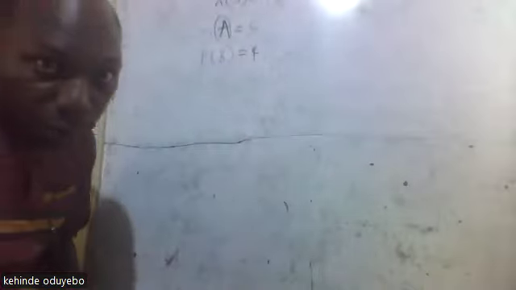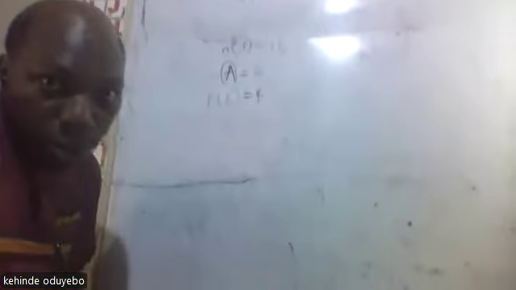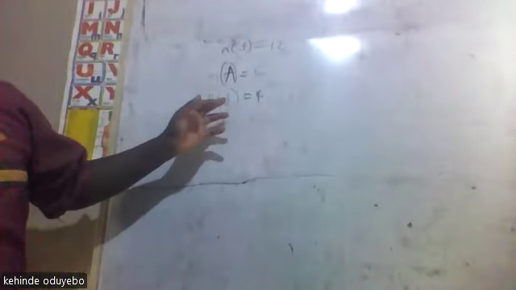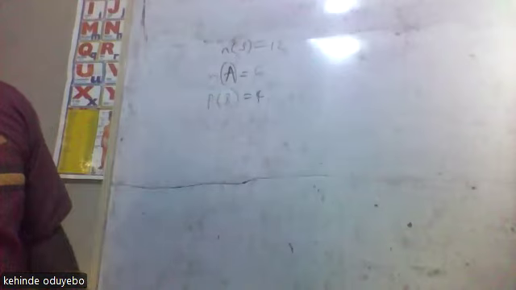So the total sample is 12: 6 won by A, 4 won by B, and 2 ended in a draw.